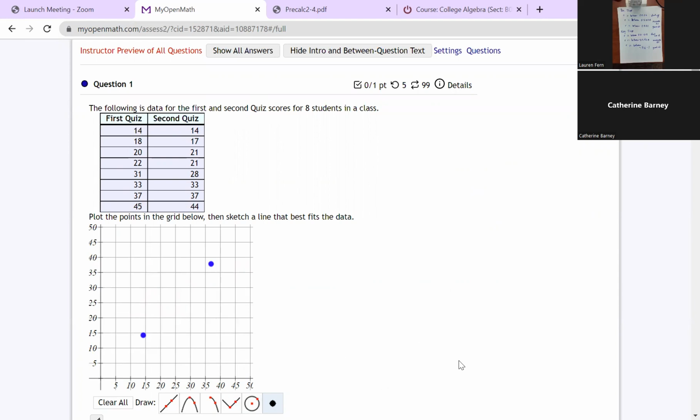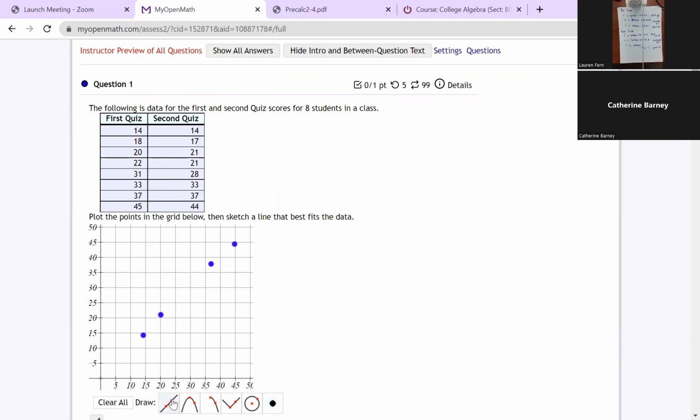Once you have all 8 ordered pairs plotted, you're going to estimate the line that best fits it. I would need to plot at least a couple more points to have any sort of idea of where it would be. You get the point.